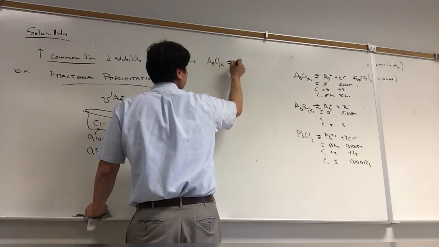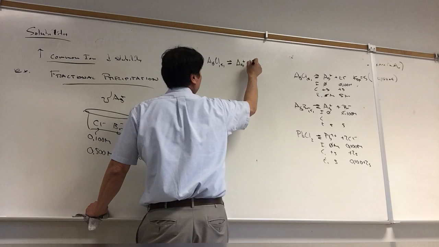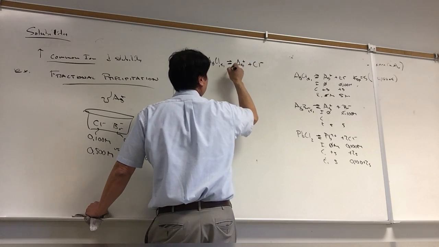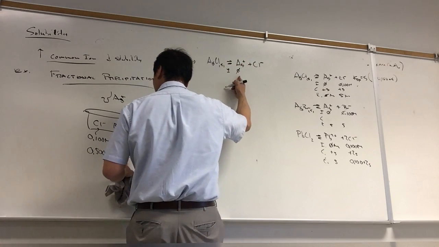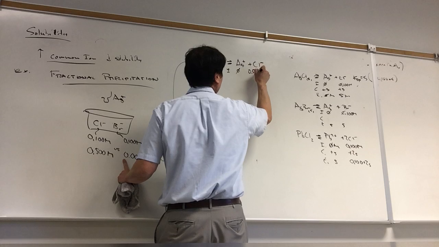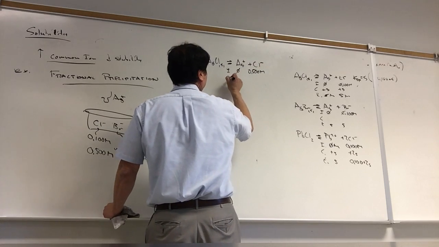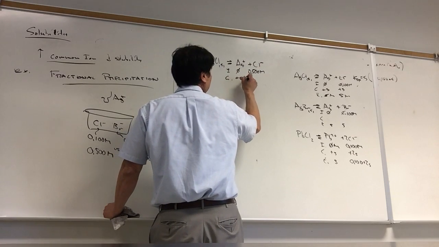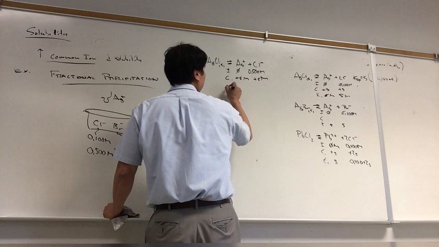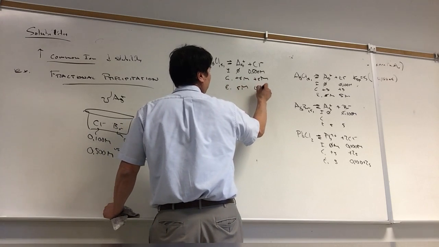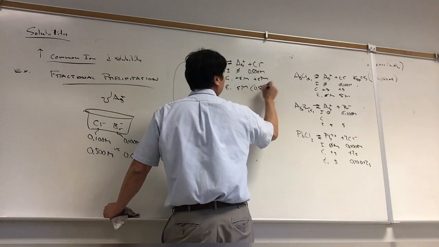The solubility changes depending on how much common ion. So here, we're starting off with 0 silver, so we're assuming nothing dissolved, but 0.500 molar chloride. The change is going to be plus s molar, and so at equilibrium I'm going to get s molar and 0.500 plus s molar.